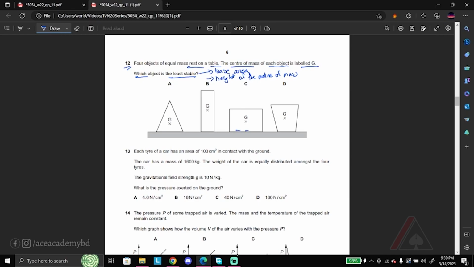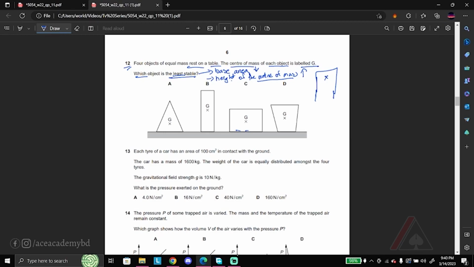For an object to be least stable, we need the base area to be as low as possible. We also need the height of the center of mass to be as high as possible. So we need something that has a low base area and center of mass as high up as possible.